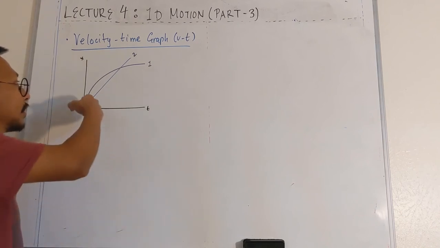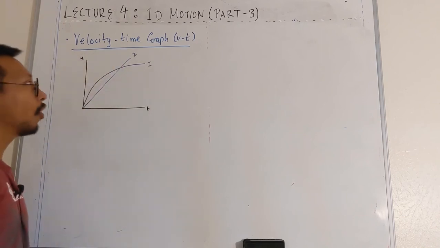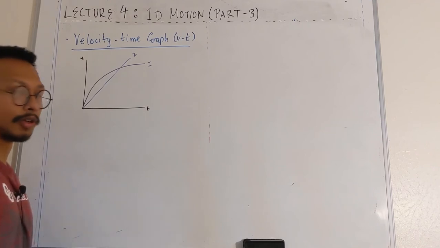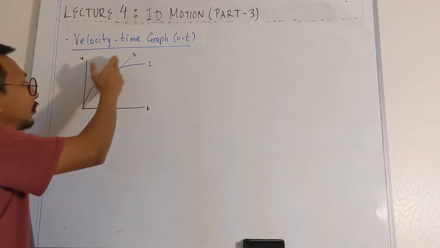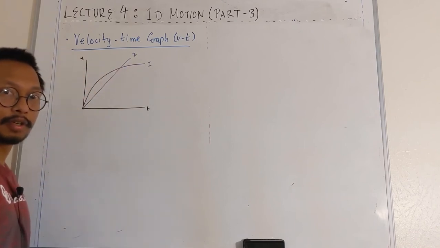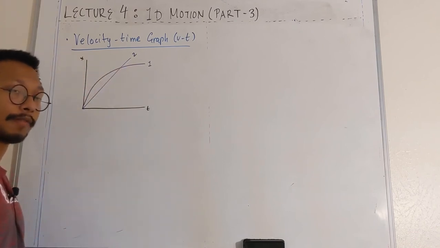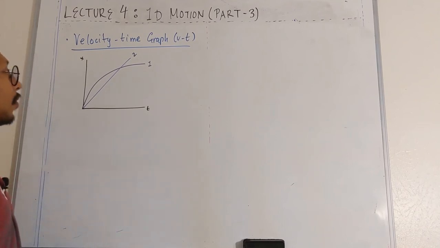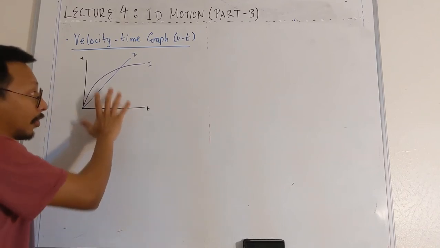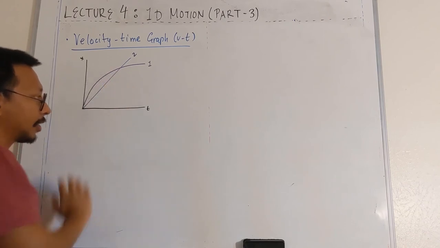Why? Because it is a straight line. The slope of a straight line is always constant, and on a position time graph, that just means the velocity, which is equal to the slope of the graph, is always the same.